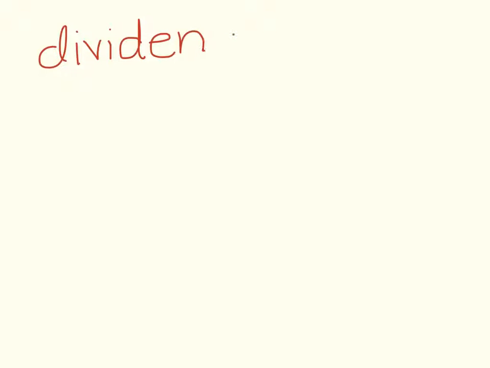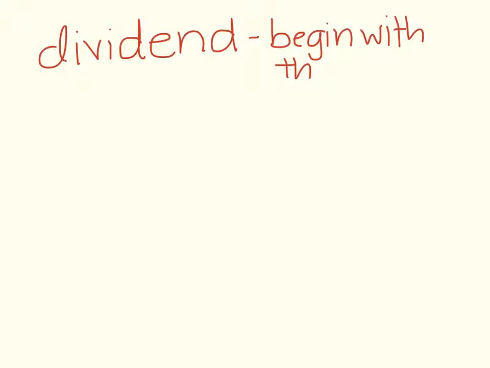The easiest way to remember that is you're always going to begin with the end. Let's put a little note for ourselves. Begin with the end. The dividend. The dividend is the one that we say first.